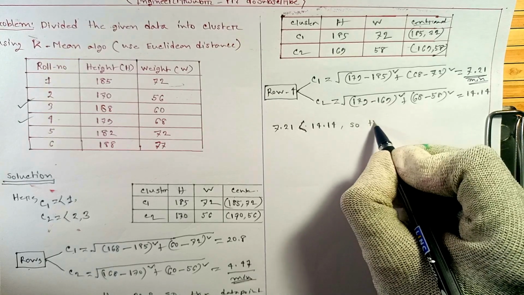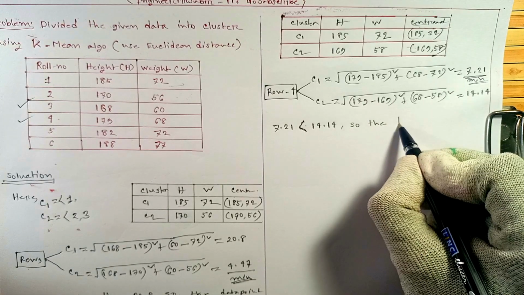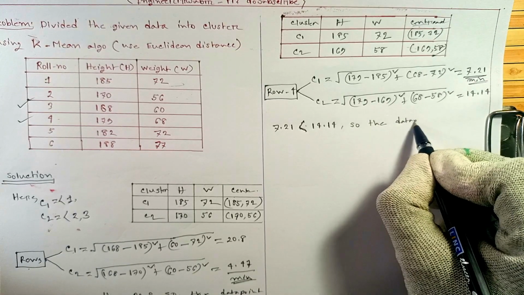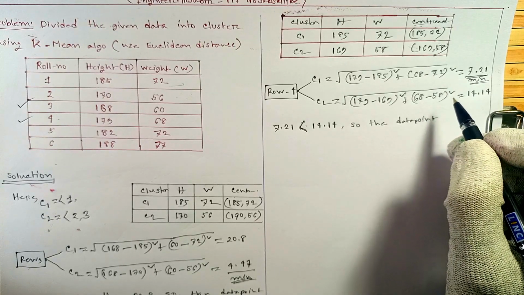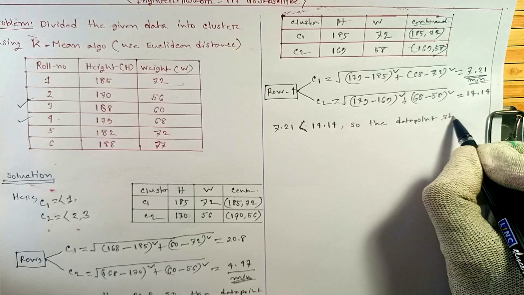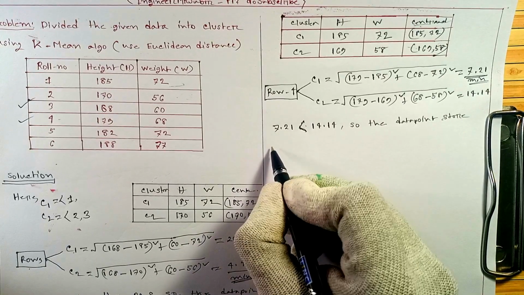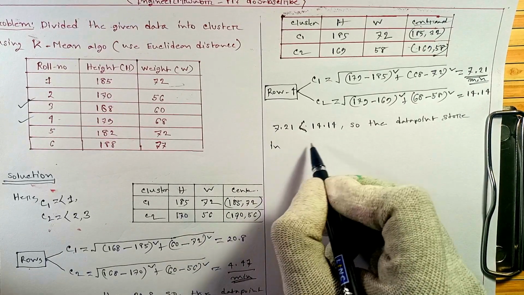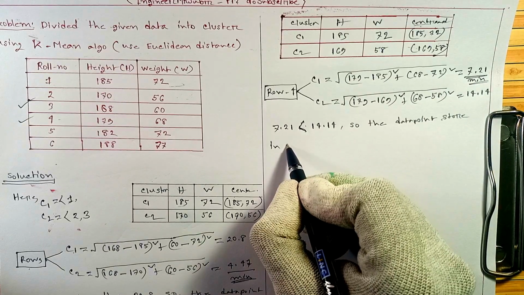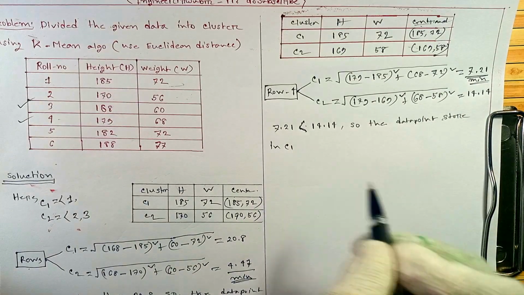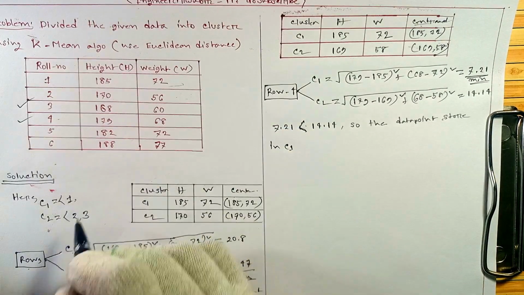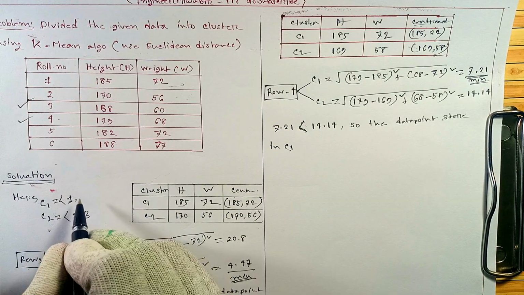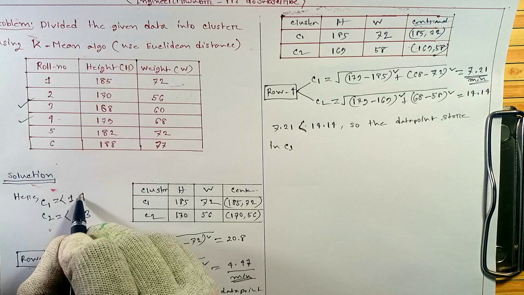So the data point will be stored in the minimum, which is C1. The data point is stored in C1. Row 4 will be stored in C1. So this is C1, and row 4 will be stored here.